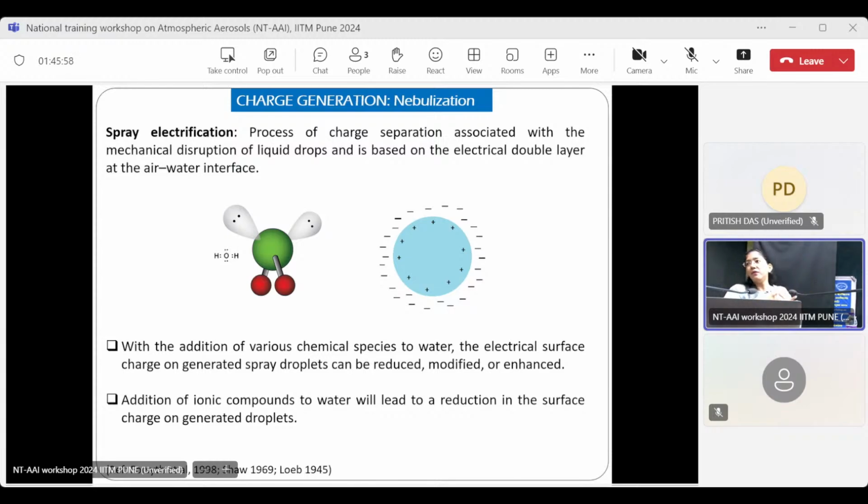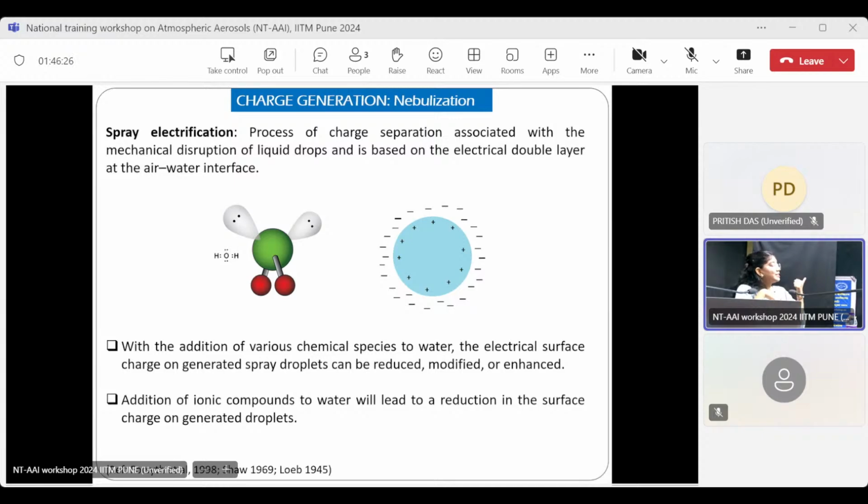The oxygen is bulky with the lone pair, so the arrangement of the H2O molecules will be such that the lone pair is towards the outer side to minimize the tension. The second figure shows roughly how that looks. There will be an outer layer with partial negative charge and an inner layer with partial positive charge, so we can call it an electrical double layer.